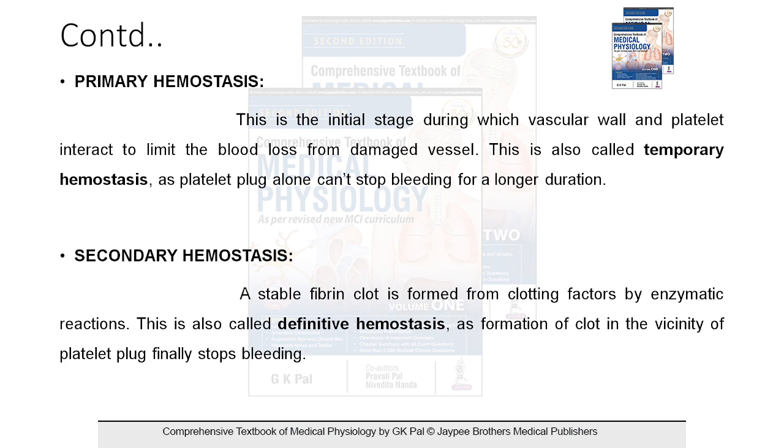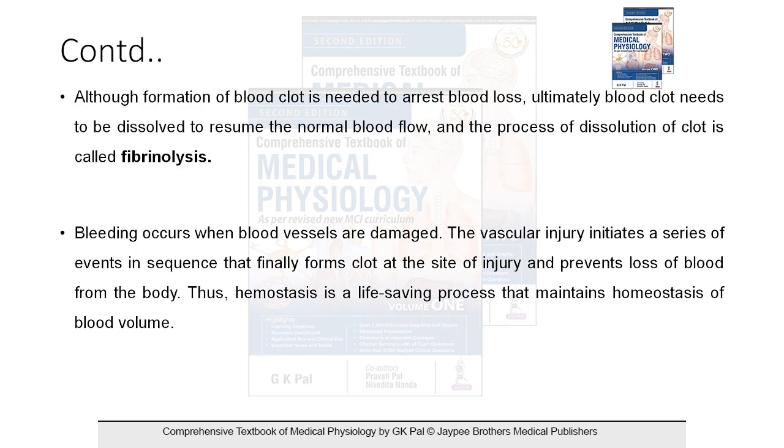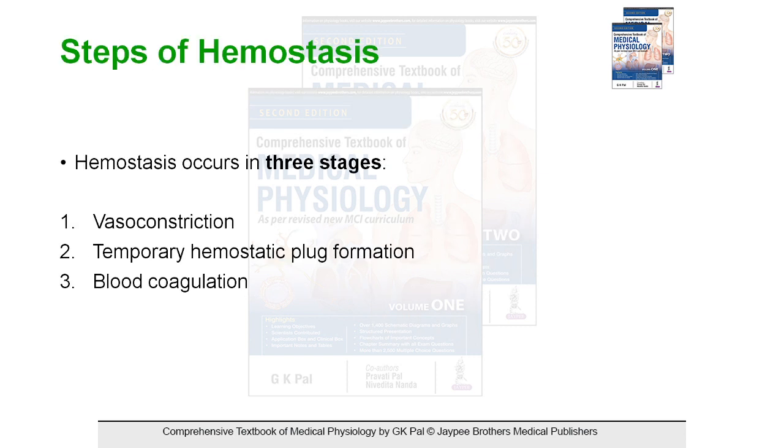It takes place with the help of the clotting factors by enzymatic cascading reactions, and this is also called definitive hemostasis. Secondary hemostasis occurs at the site of injury or damage to the blood vessel.